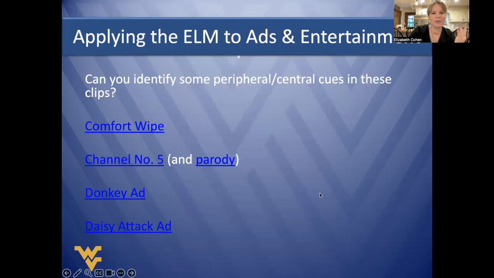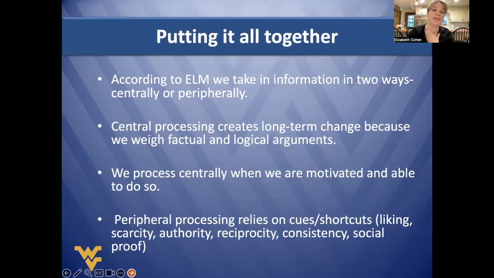If you want some more practice, these are things that I show in my in-person class, some funny examples that rely on different types of advertising that you would recognize, and they all more or less appeal to a different route. But we're not there.